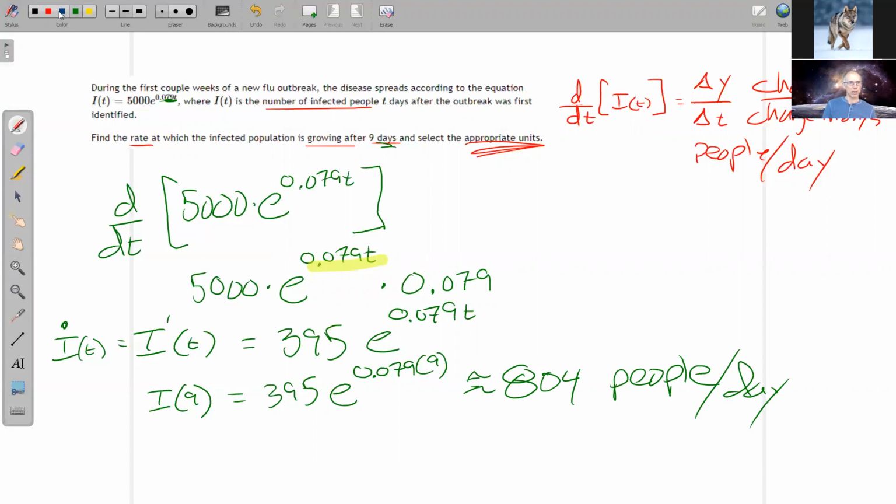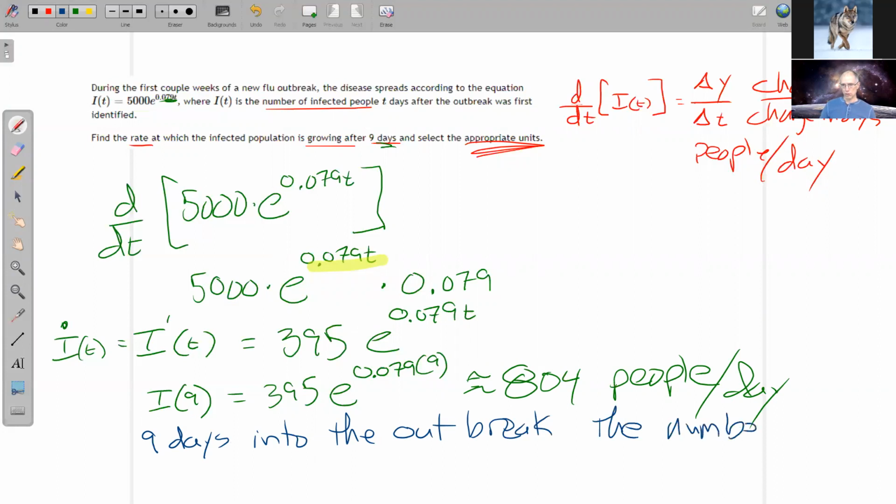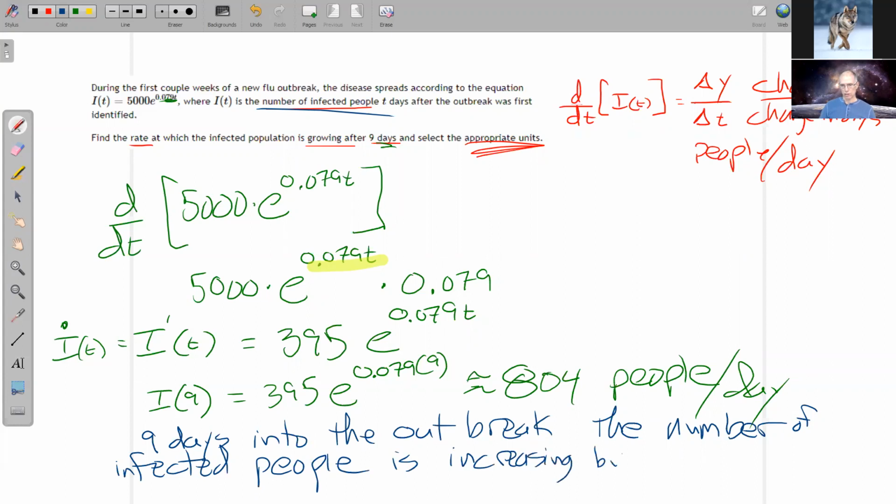And I could even do a better job by writing a sentence. 9 days into the outbreak, the number of infected people, right, my Y value, is increasing by about 804 people per day.